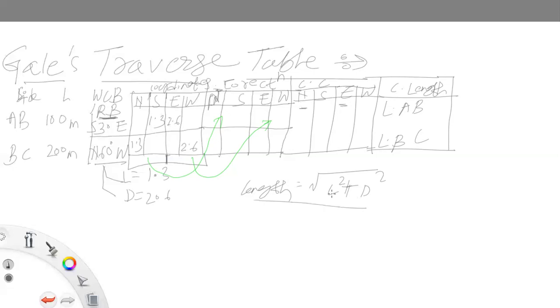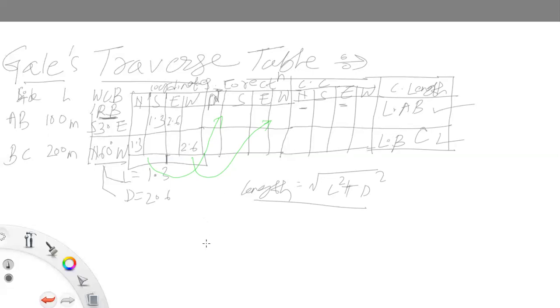You can put it here and find the length of this side BC. This is just an example; all the values we have put here are approximate values. You will find the exact values when you practice the numerical.